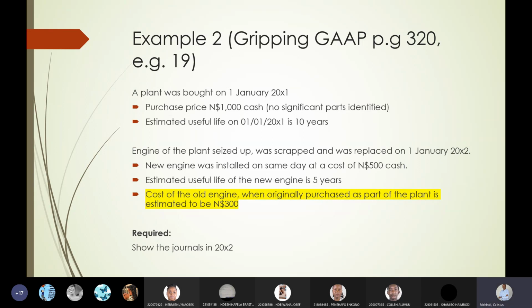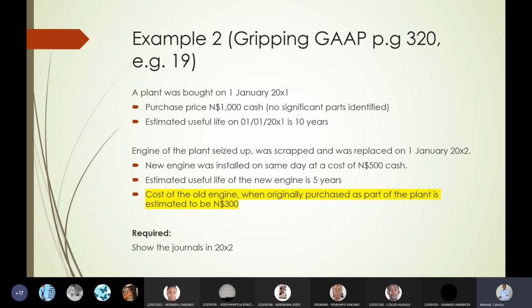The cost of the old engine when originally purchased as part of the plant is estimated to be 300. You are required to show the journal entries for 20X2.